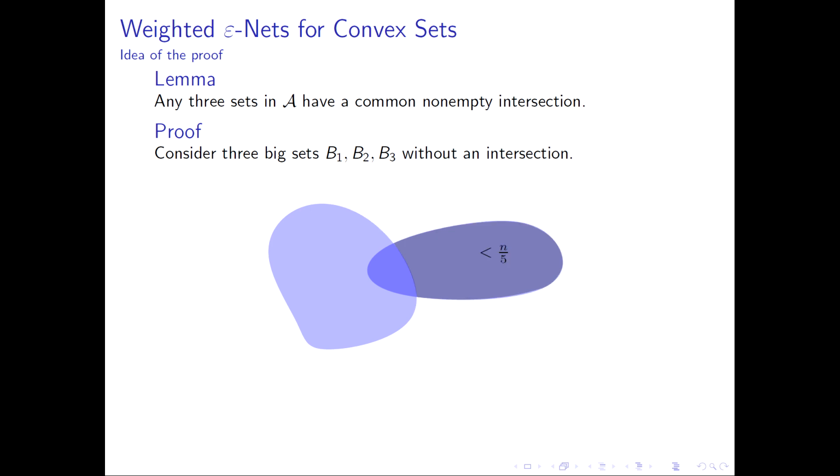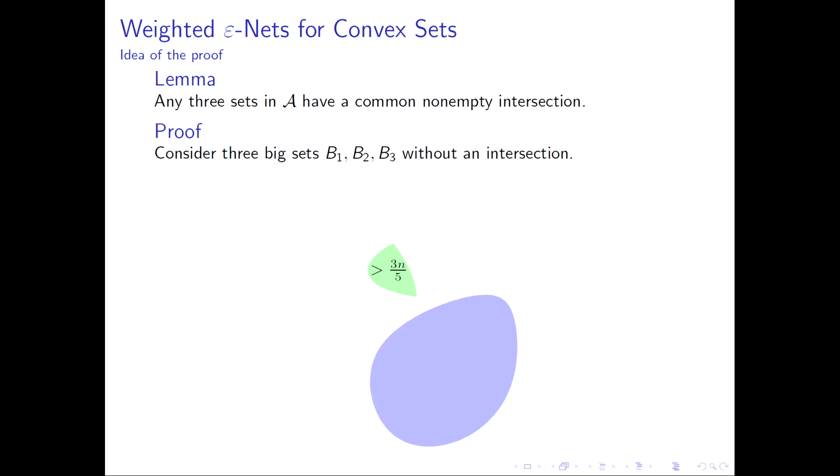And in particular, the part not contained in their intersection also contains strictly less than 1/5 of the points. And now this is symmetric. So we see that the intersection of 2 big sets has to contain at least 3/5 of the points of P. Now we had 3 big sets without a common intersection. However, we get a contradiction as we only have n points.